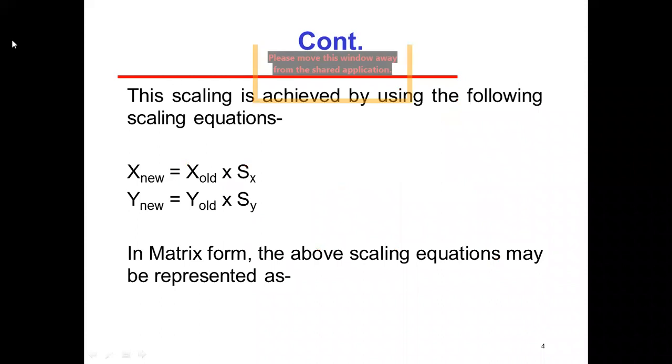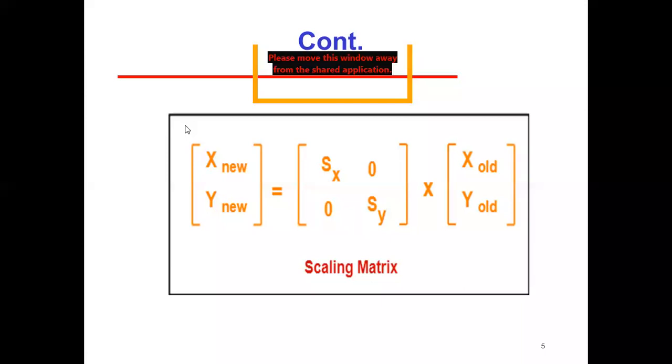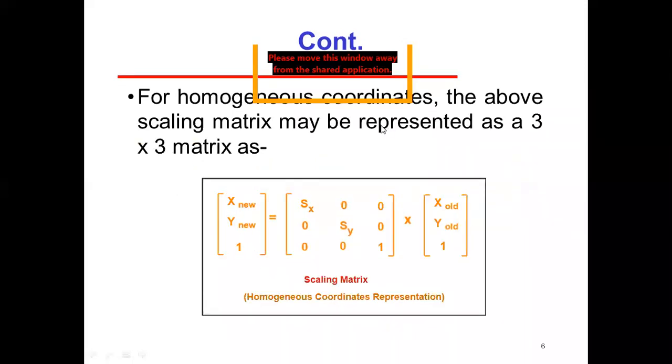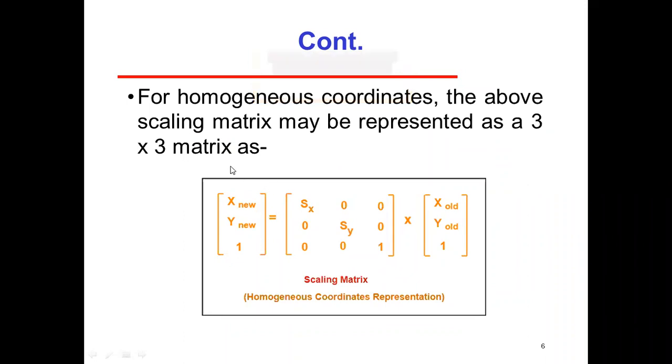Whenever you solve this matrix, you will get the same equations. So for homogeneous coordinates, the above scaling matrix may be represented as a 3 by 3 matrix. To represent the object in the 2D plane, we use a 3 by 3 matrix.